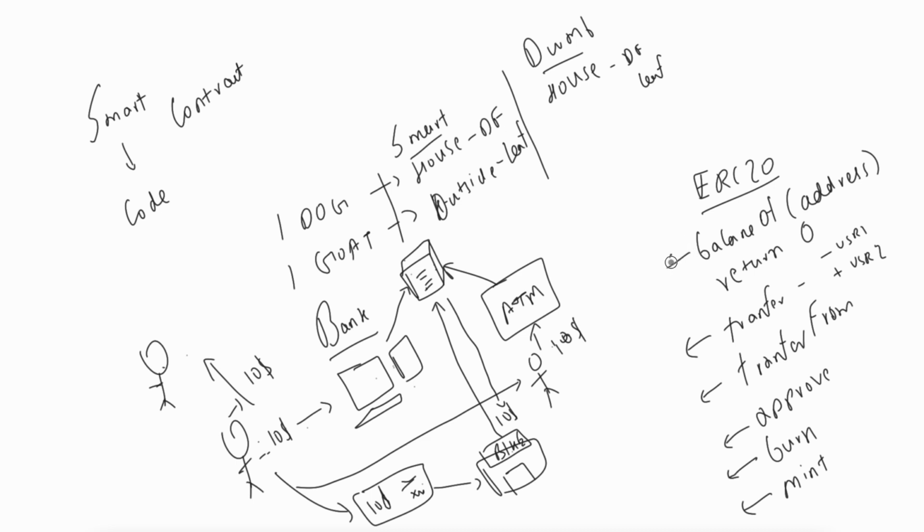And balance of is generally used everywhere. The ATM will check the balance, he will check the balance. All these functions will check your balance before doing something on your account, because you have to have something in your account. So this is called the ERC20 token standard. These set of functions need to be present, and these parameters are standard parameters that need to be supported.